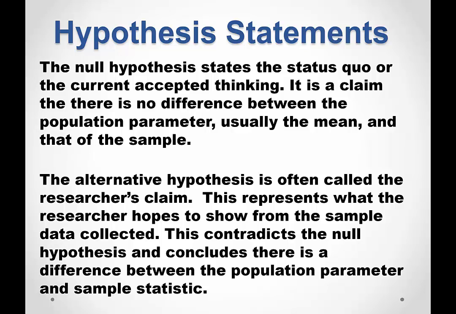And so basically what we're saying, if we support the alternate hypothesis, is that based on the data we collected, the null hypothesis is no longer true. So in the case of the alternate hypothesis, it contradicts the null hypothesis, and so what we are concluding is that there is a difference between the population parameter and the sample statistic.